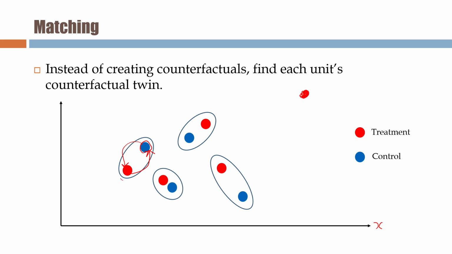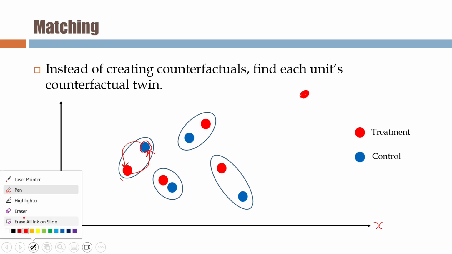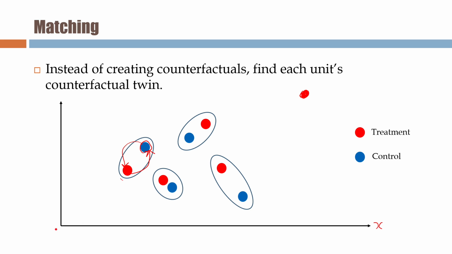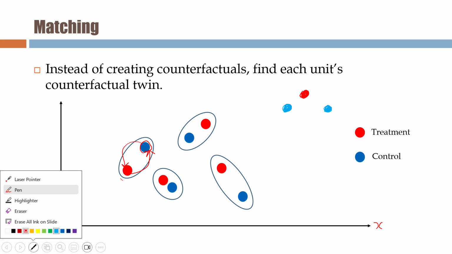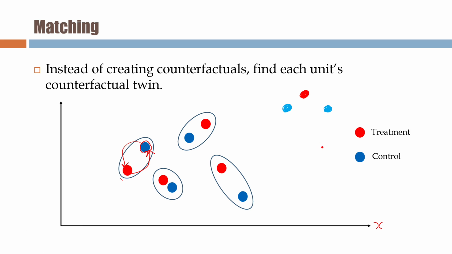So this is like a perfect match, but sometimes it is not possible. I will give an example here. Say we have something like this, and then the red one is somewhere far away here.